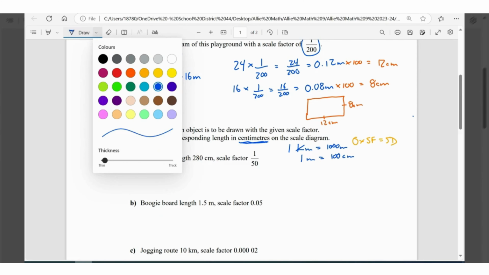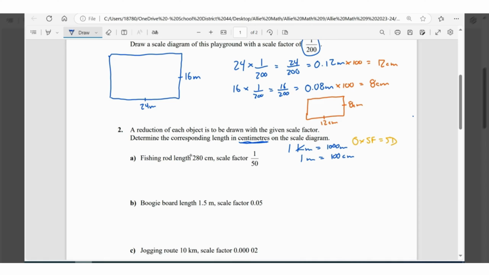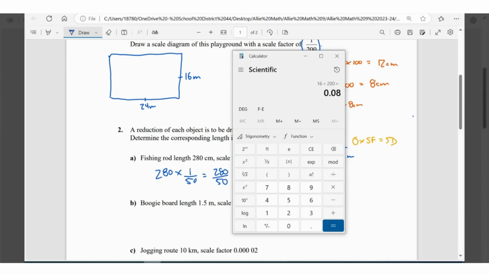So let's do those two. Let's do our original 280 times 1/50. Let's get 280 divided by just 50. That equals... 280 divided by 50. There we go.